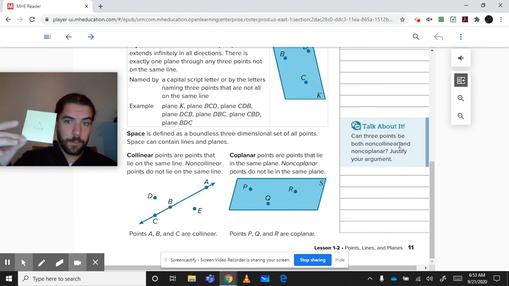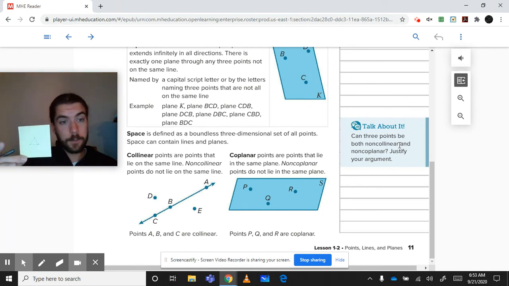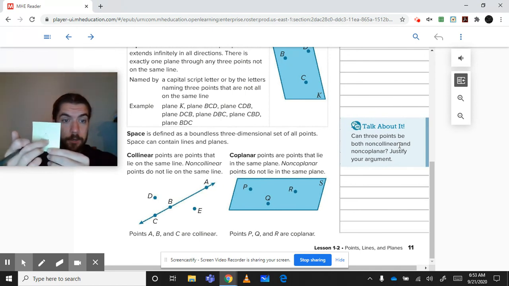Okay, now if you have 3 points that don't make a line, so that they're non-collinear, they're not on the same straight line, those 3 points are going to make a triangle. You could put 2 points, those will be connected by a line no matter where you put them. But that third point, if it's not going to fall in the same straight line, then it's going to fall somewhere that allows you to draw a triangle.